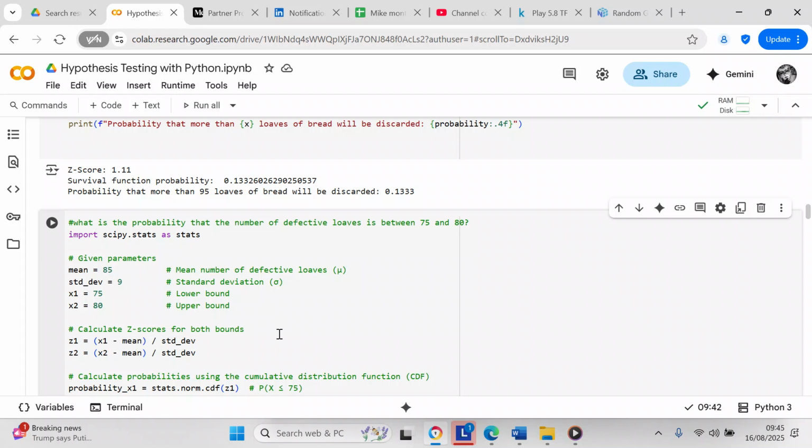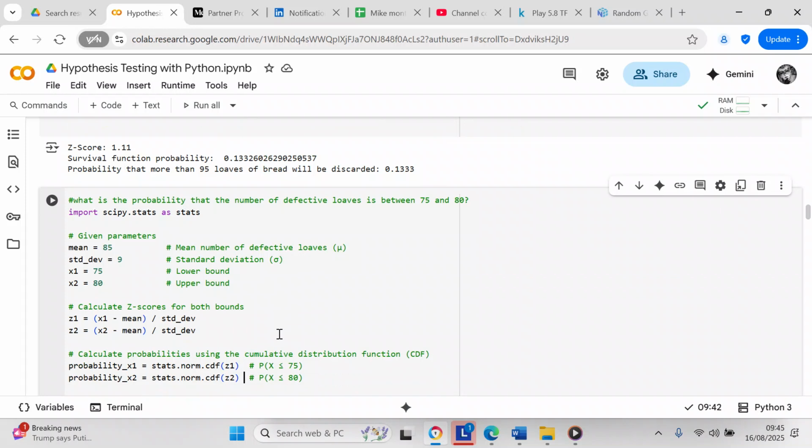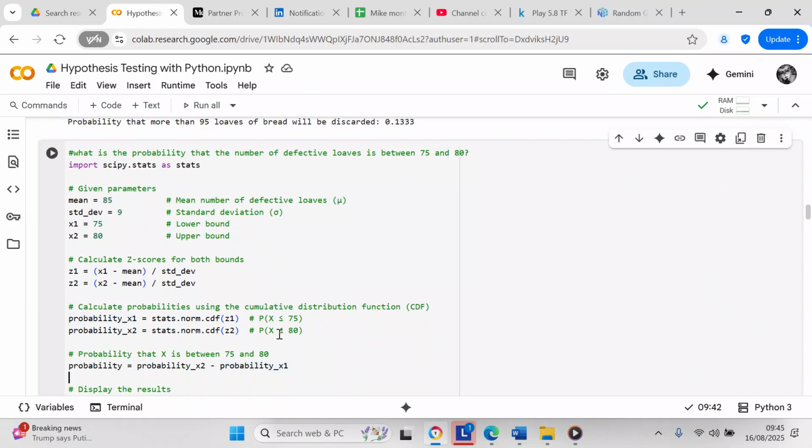So we're going to calculate the probabilities using the cumulative distribution function. Probability x1 equals stats.norm.cdf of z1, and probability x2 equals stats.norm.cdf of z2. So the probability that x is between 75 and 80 equals probability x2 minus probability x1.